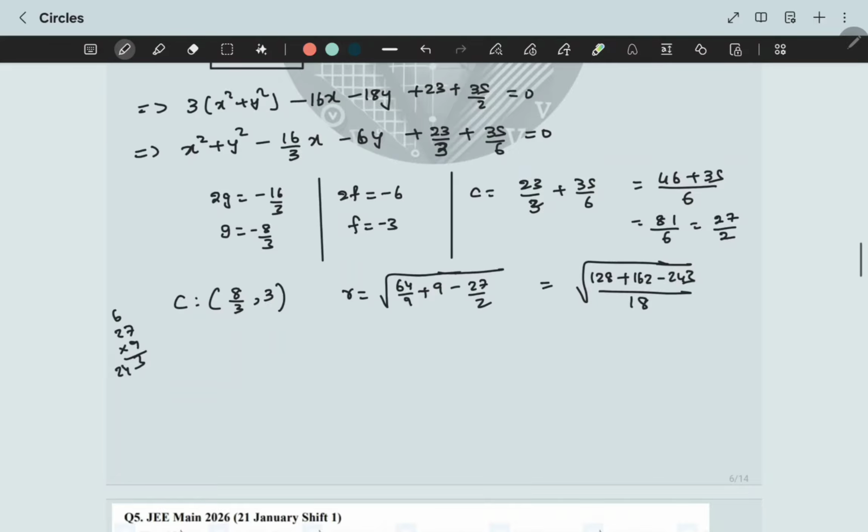So 128 plus 162, it should be 130 plus 160, which is 290. 290 minus 243, what do we get? 47. Under root 47 by 18 is what we get.